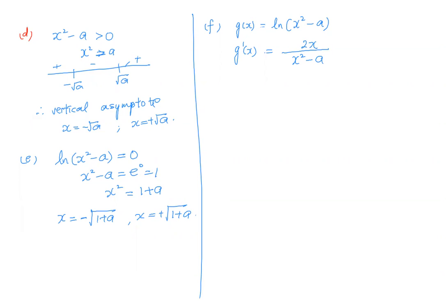So g prime 4 is 8 over 16 minus A. That's it. Done. You sub in x equal to 4. That you get 2 marks. So what is important is you differentiate correctly, you sub in correctly. In between there, what you want to do, I don't care.